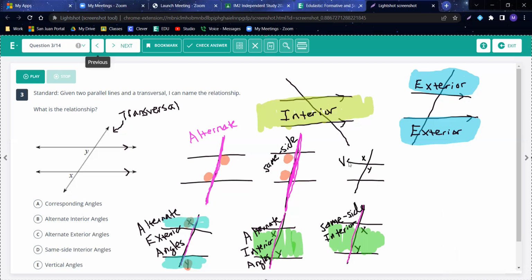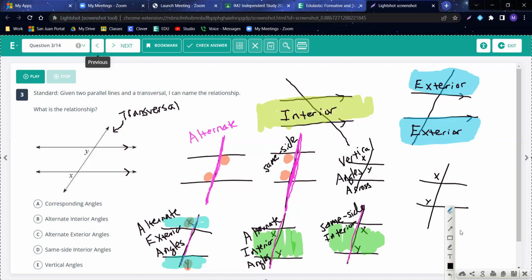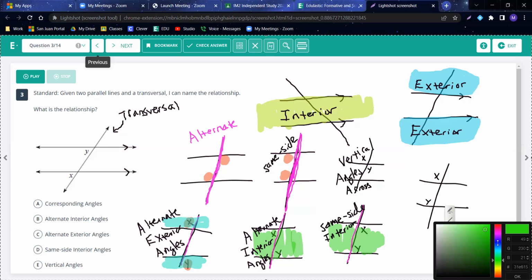So these are vertical angles. Across. The other one you need to know is if you have one here or one here, you've got one, let's do blue.